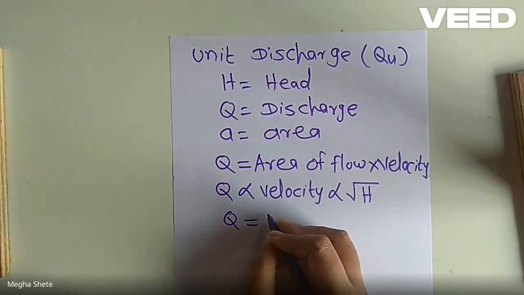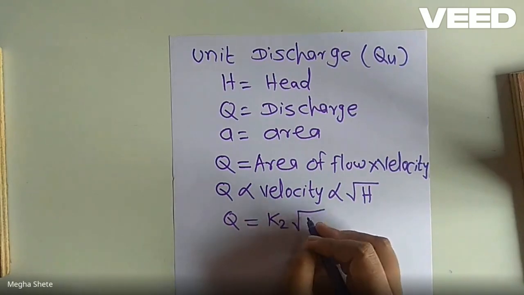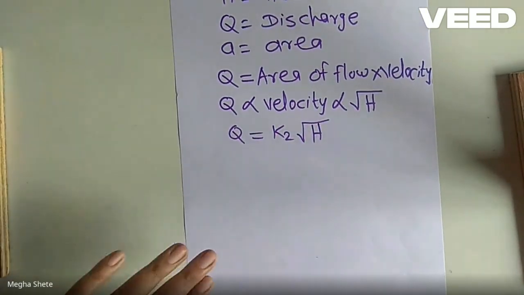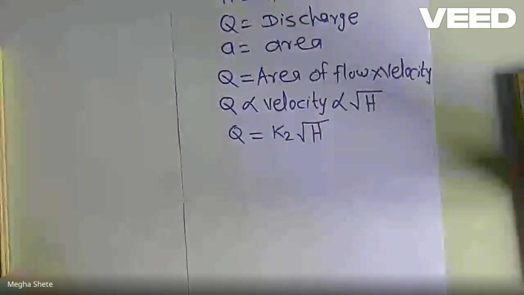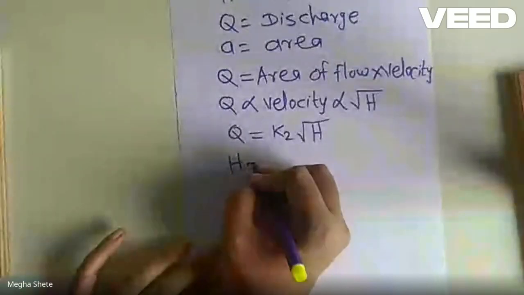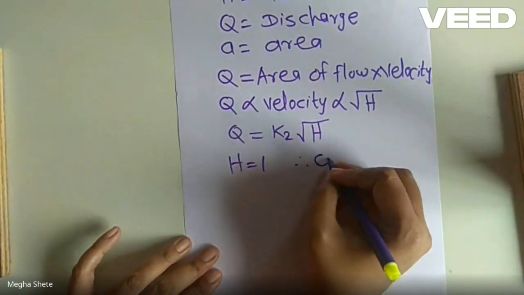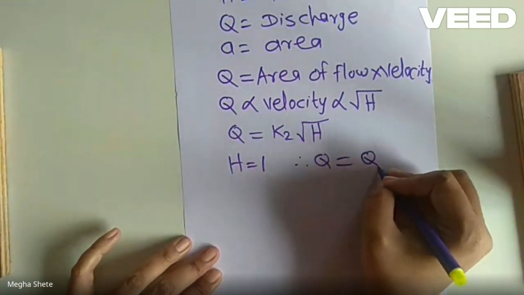Q is equal to K2 into square root of H. Now, for unit discharge, H is equal to 1. Therefore, Q will be equal to QU.